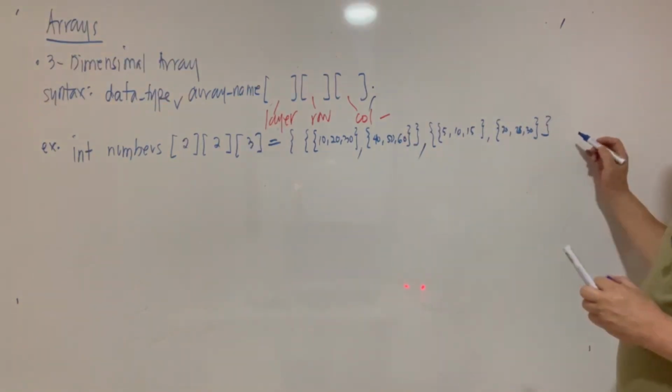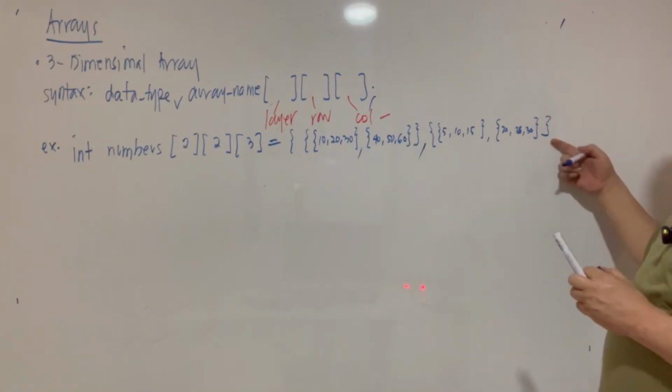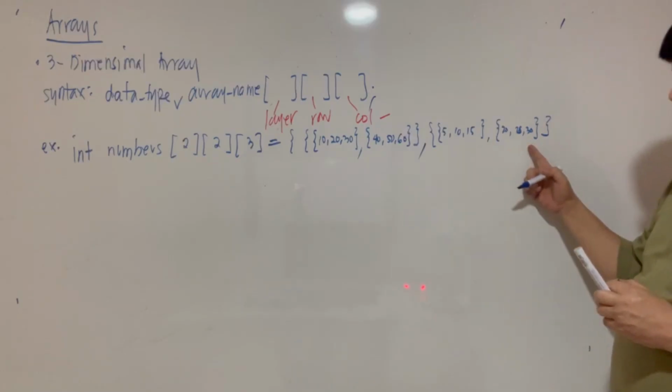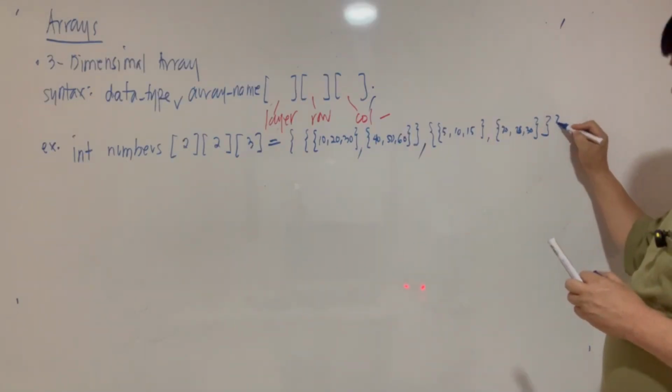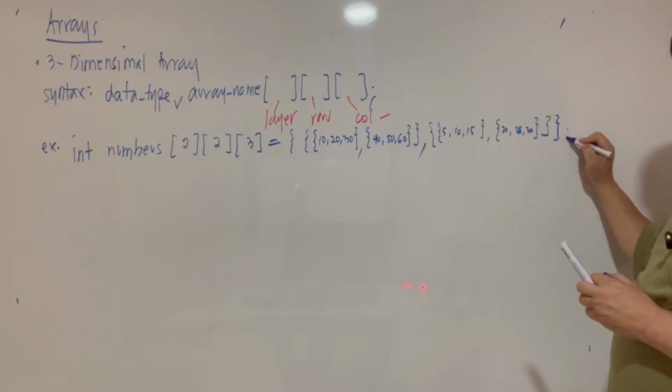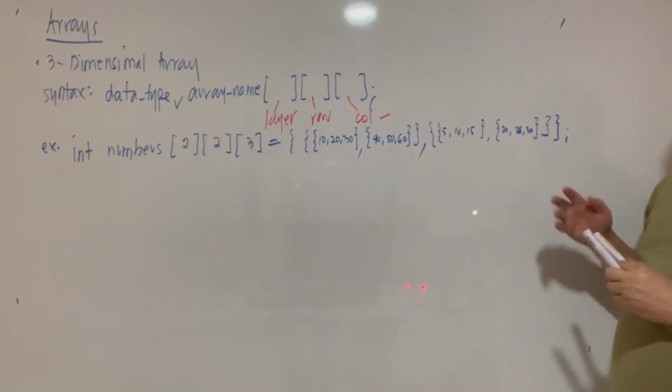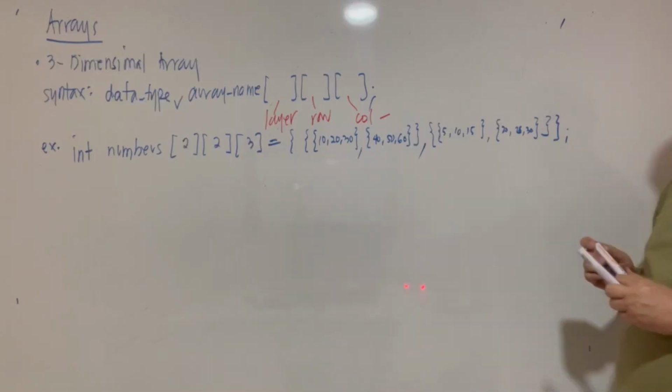So that's it: the second layer, with the first and second row, and then you put here a curly brace, and that's the end. So that's how you declare and initialize values for your three-dimensional arrays.